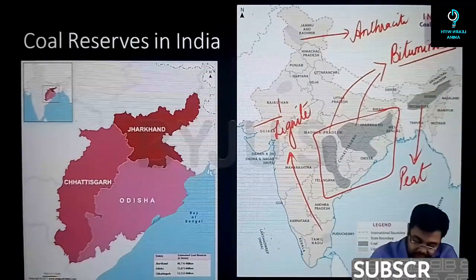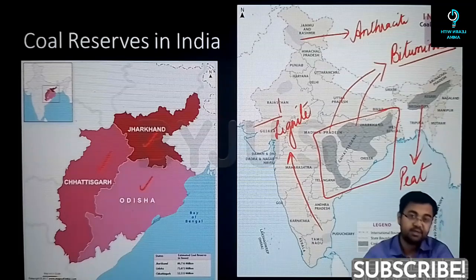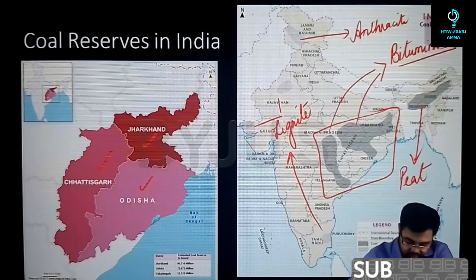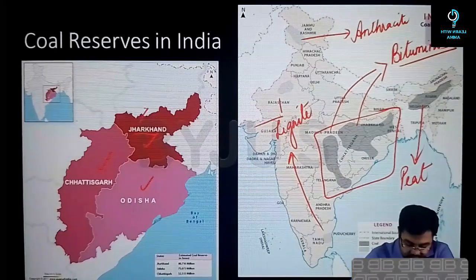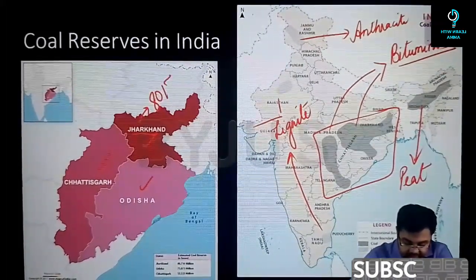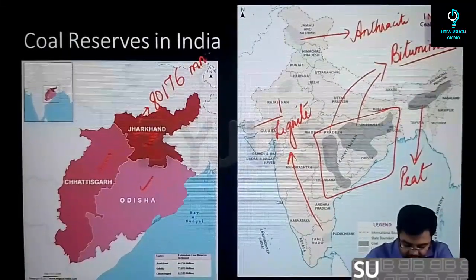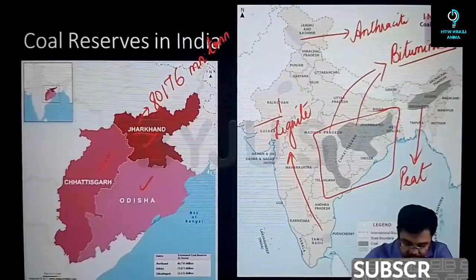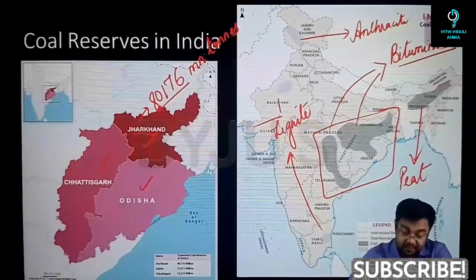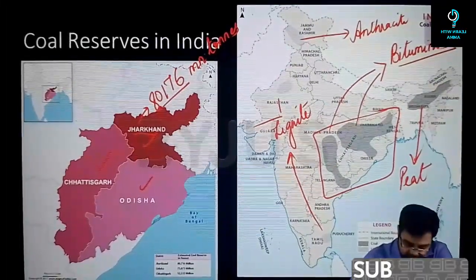So that's why, if you look, these three are the states which give you the highest amount of coal, starting from Jharkhand, which has 80,176 million tons of coal.